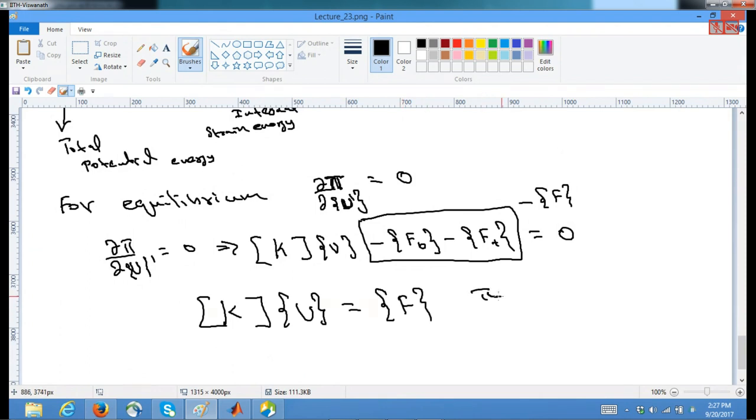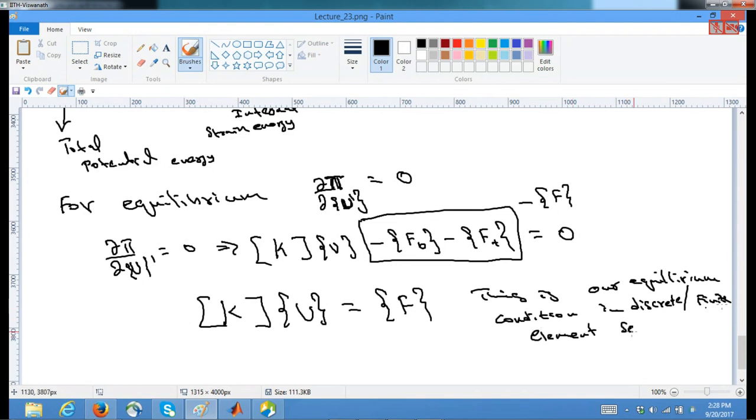This is our equilibrium condition in discrete or finite element sense.